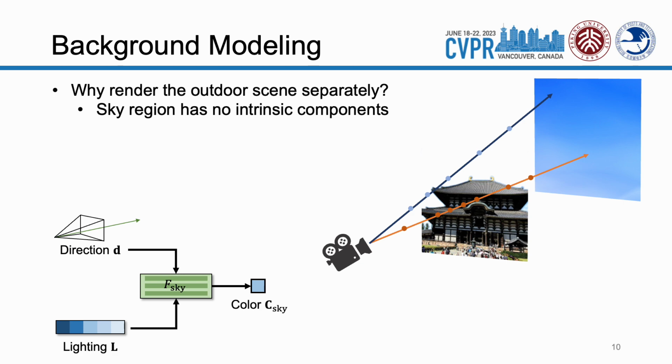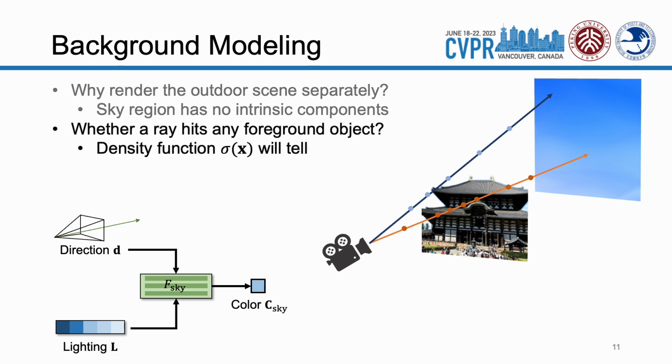Apart from opaque objects, which mainly means buildings and ground planes in this situation, the color of the sky background also needs to be formulated. The intrinsic-based imaging model is unsuitable for sky because the intrinsics of the sky region are undefined. To complement the rendering procedure, we first need to know which region each pixel belongs to, either opaque object or sky region. Fortunately, the density function of NeRF provides an approximation of opaqueness.